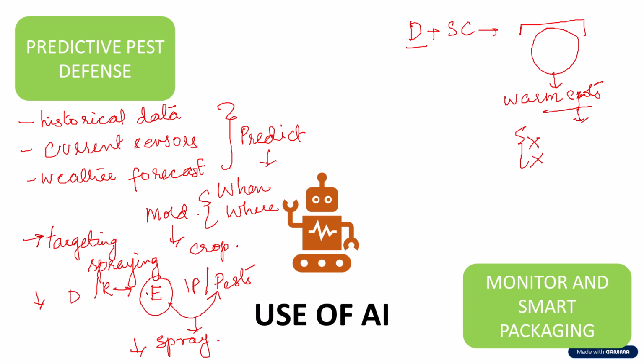So in the future, how is smart packaging going to help? In boxes or bags, a chip is going to be installed, and this chip is going to give information about the freshness, whether the product is fresh or not, when it was packed, all these things.